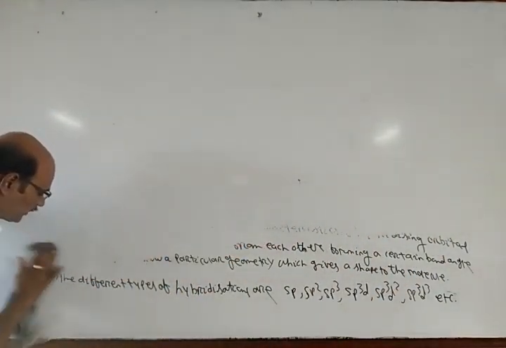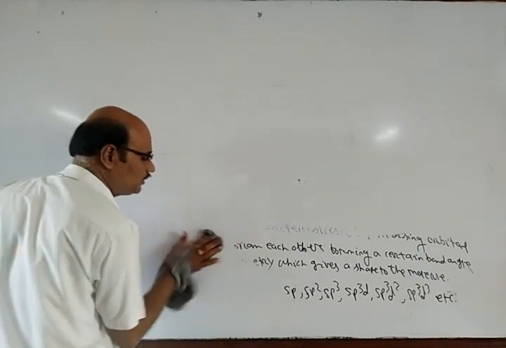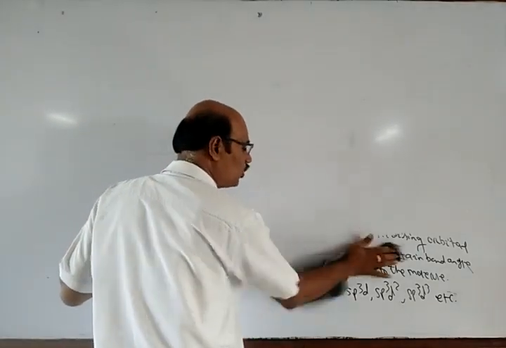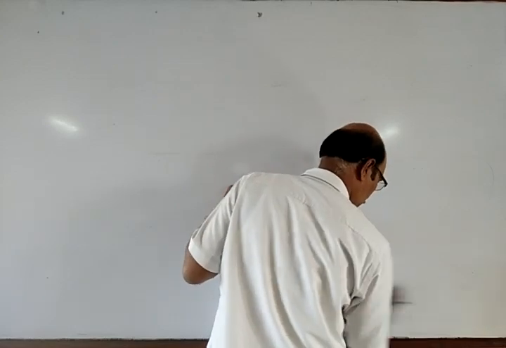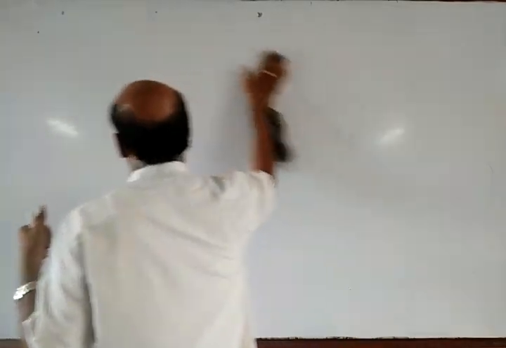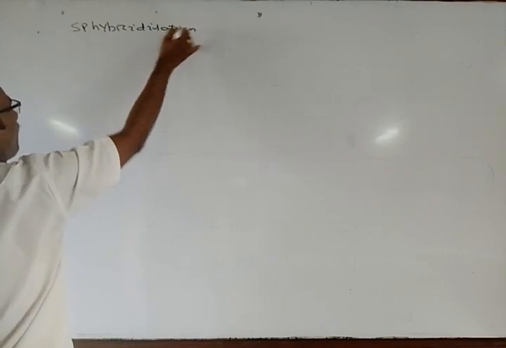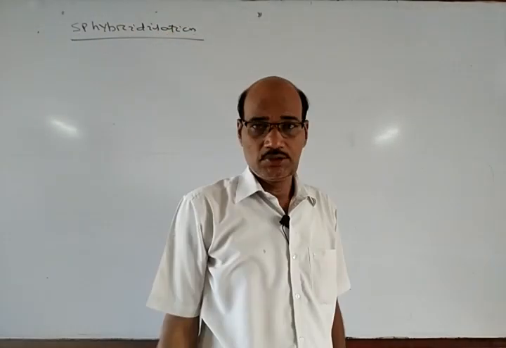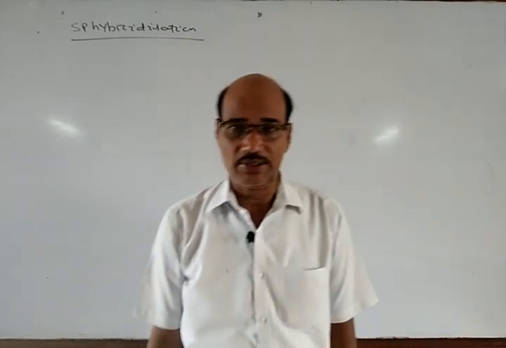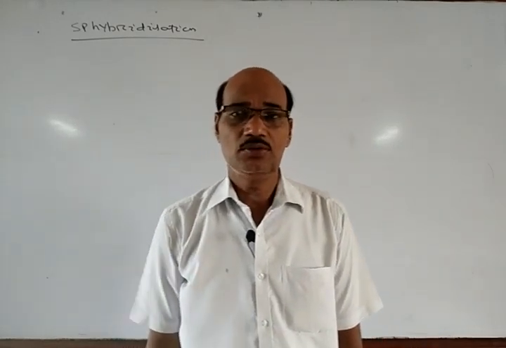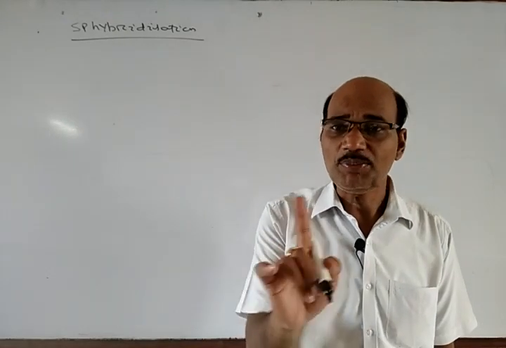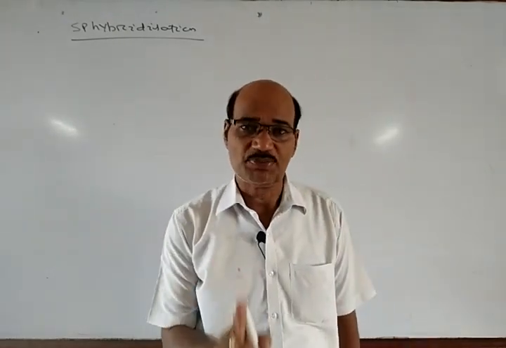The type of hybridization depends upon the type and number of orbitals which we are taking. First of all, sp hybridization. The hybridization which is formed by the intermixing of one s and one p orbital is known as sp hybridization.